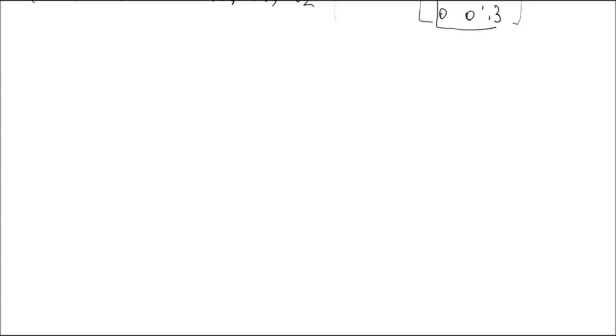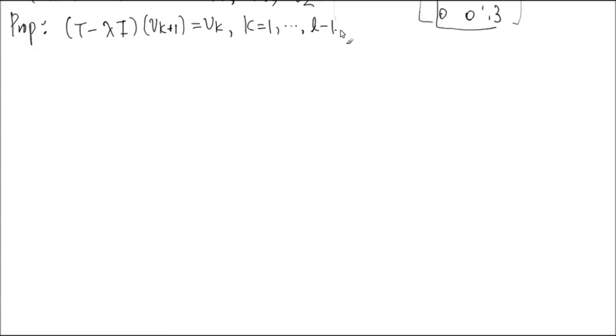Okay. So let me state that as a proposition. It's an important statement. The proposition is that in this context, T minus lambda I applied to V(k+1) is Vk for all k from 1 through, I think I wrote, L minus 1. You know what I'm doing?